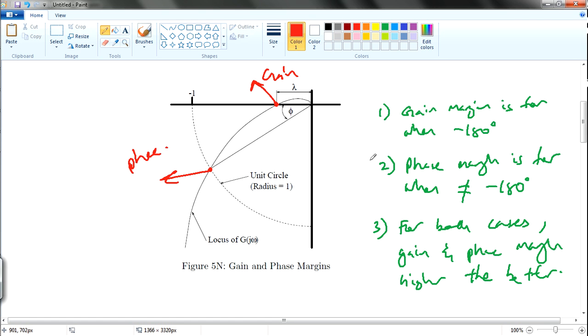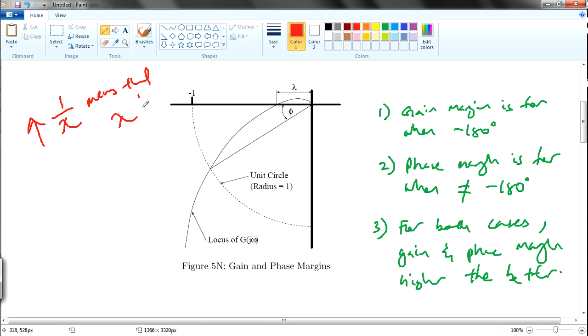So the higher the gain margin and the phase margin you calculated, the more stable you are, as I showed you earlier. If 1 over lambda is high, this means that lambda has to be low. So in order to be more stable, you have to minimize lambda.